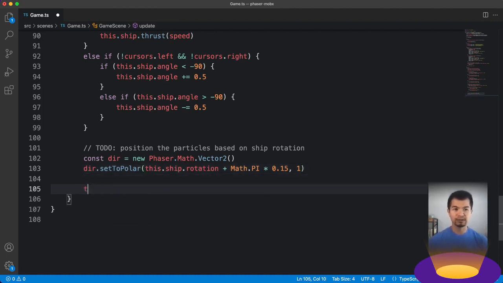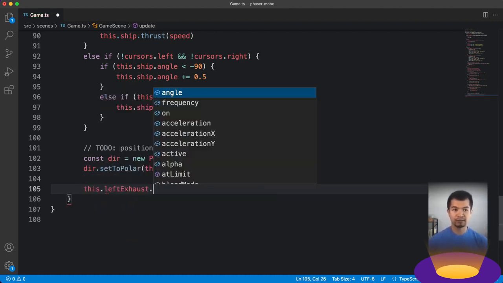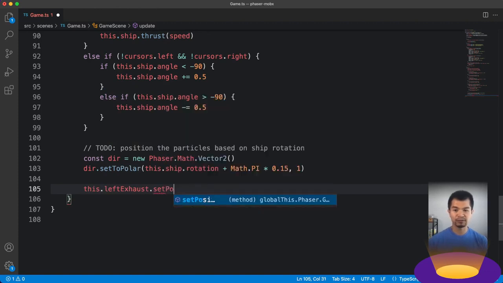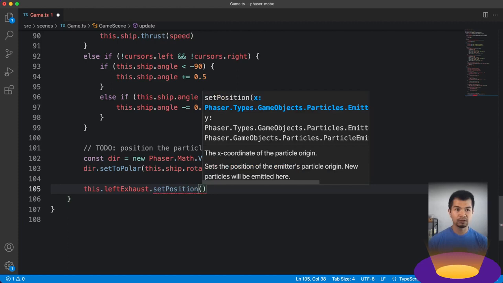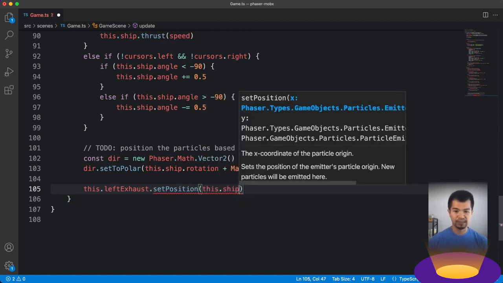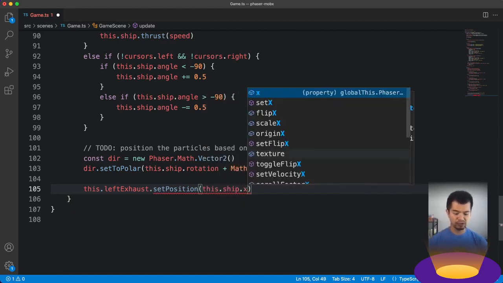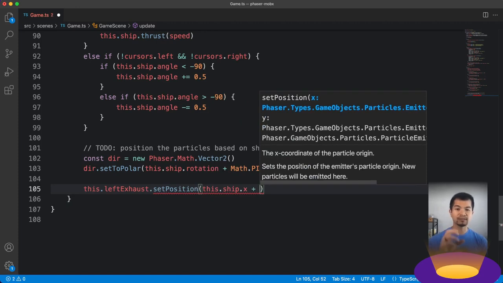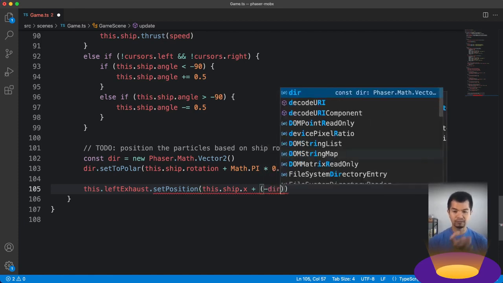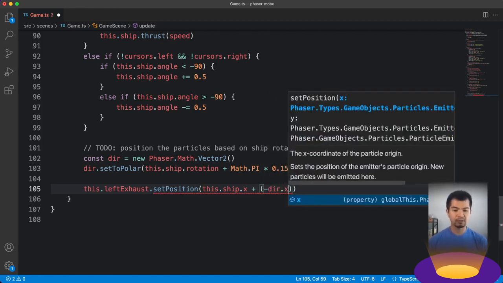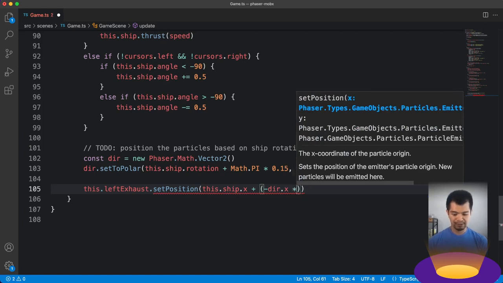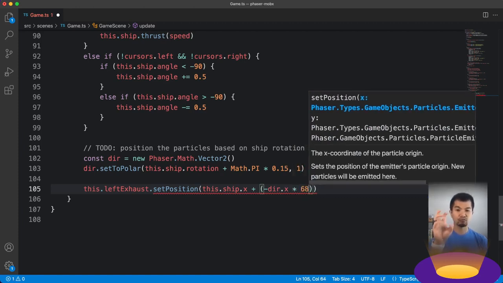So let's go this.leftExhaust.setPosition. This is our particle emitter's set position, and we're going to do this.ship.x, so that's the x position of the ship. And we're going to translate it in the direction of our direction vector, the negative direction vector dot x times 68, which is the radius, let's say.